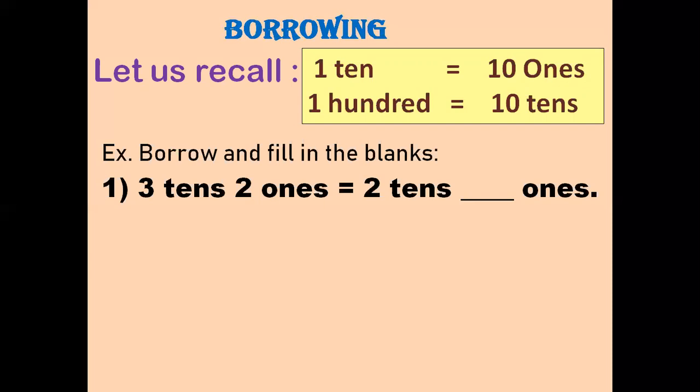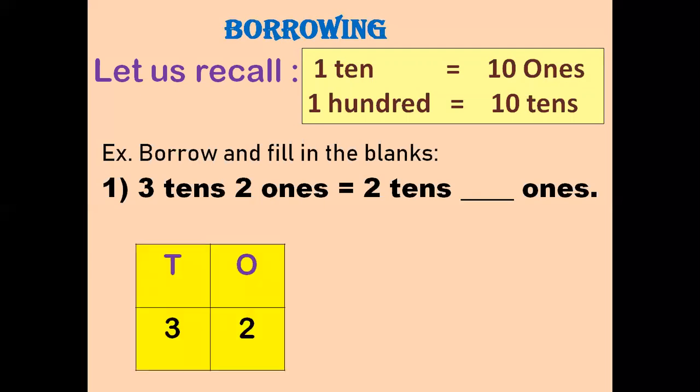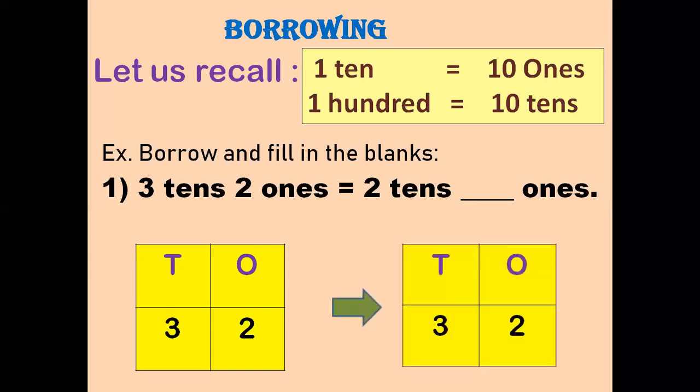So let's start. Arrange the digits in columns. Here there are 3 tenths and 2 ones. Now how will we get 2 tenths? Here 3 tenths become 2 tenths.